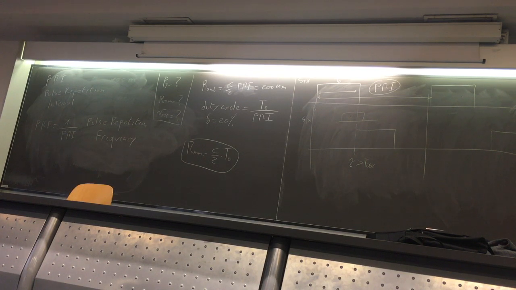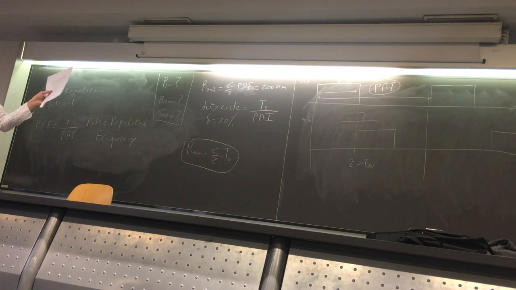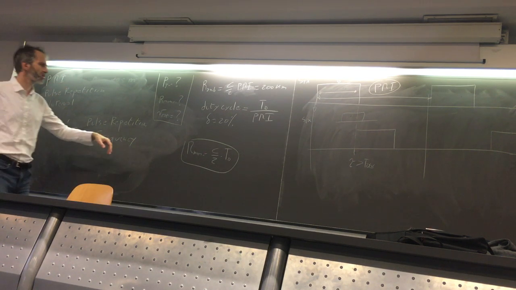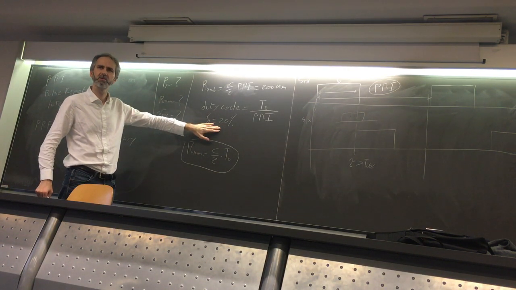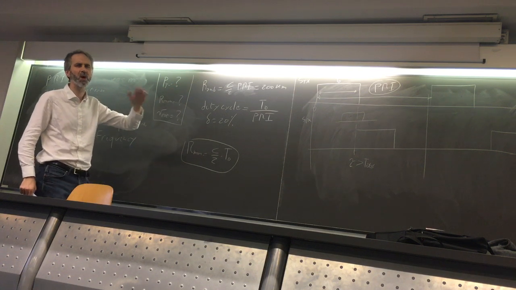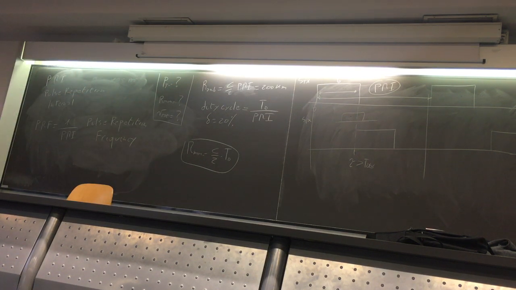So in this case, the duty cycle is 20%, which is a lot, by the way. I mean, this is just an exercise, but I would say that a typical radar system of this kind works with a much shorter duty cycle, and we will see why in the second part of this lecture.